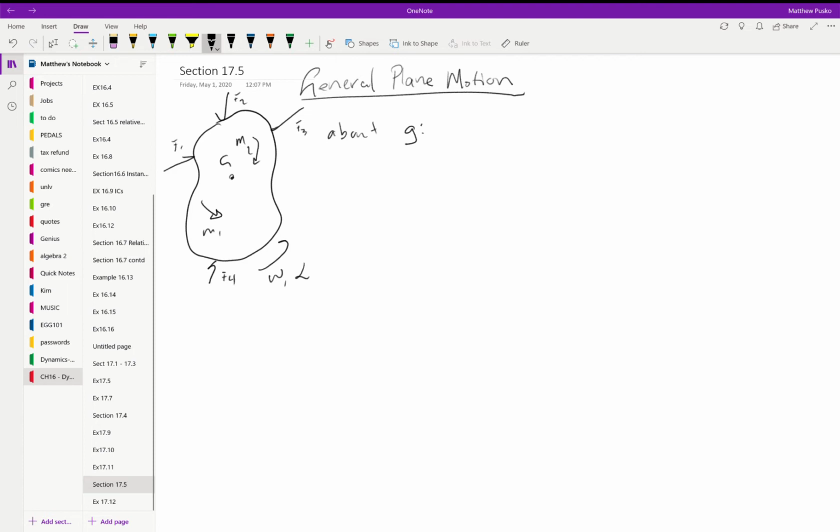Alright, so something's going to happen, right? We're going to have some possible omega and some alpha. In this case, about G, we would say the summation of the forces in the x direction is equal to mass times the acceleration of G in the x.